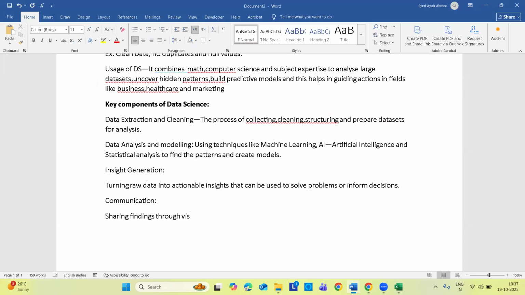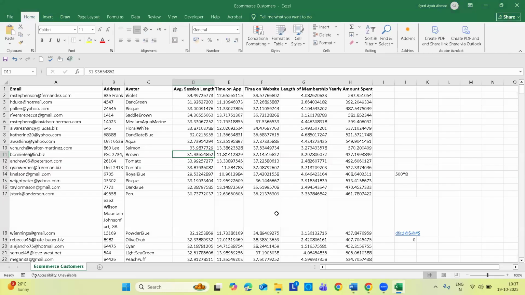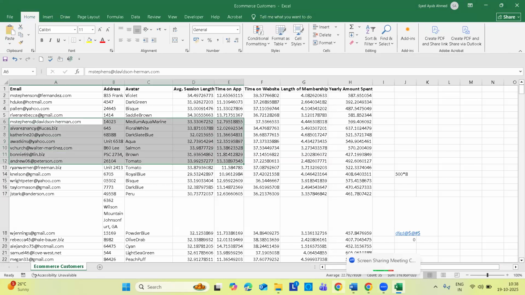So visualization means graphs and all. You have to depict this data in different graphs, like bar plot, pie chart, count plot, scatter plot, area plot. Based on those graphs, you'll have some information.